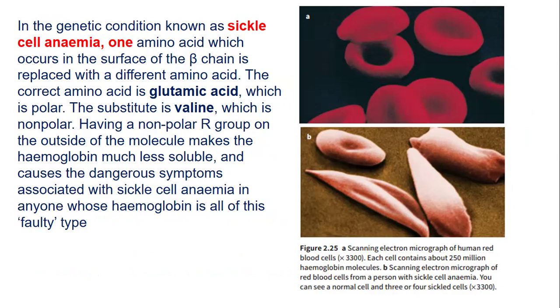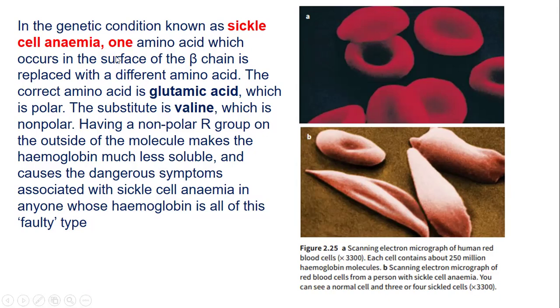So here they are giving us an example of a scenario where we have the primary structure in hemoglobin slightly changing by just one amino acid, and that brings about sickle cell anemia.